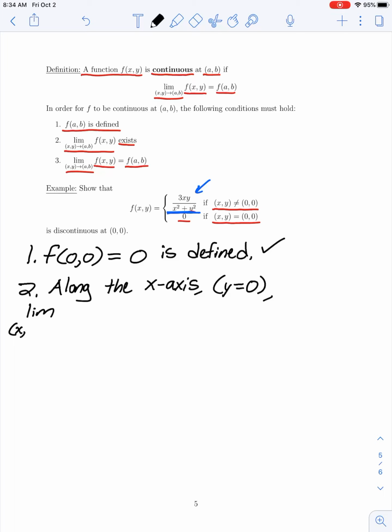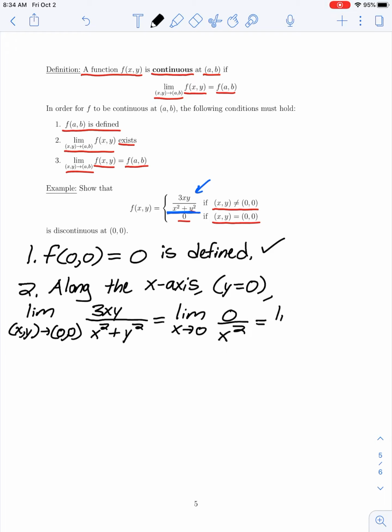So if we're taking the limit as xy is approaching 0, 0, but not equal to 0, 0, then we're working with the function definition 3xy over x squared plus y squared. And if we're considering points only on the x-axis, then this would reduce to the limit as x approaches 0 of 0 over x squared, which is simply the limit of a constant 0.